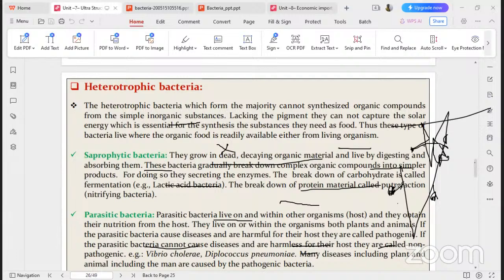This rhizobium bacteria absorbs atmospheric nitrogen and converts it into nitrates and ammonia, so that this ammonia will be utilized for the production of amino acids and proteins in the plants. That is, the synthesis of proteins in the plants. Those are the two symbiotic types of nutrition.